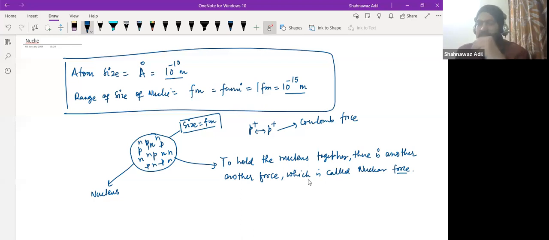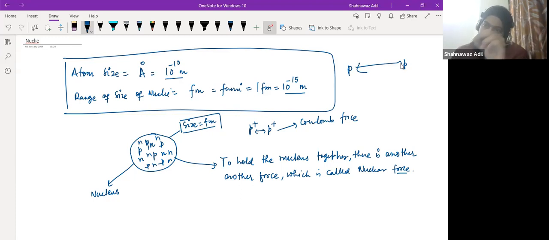Right? So nuclear force would be there, and then you can ask me why this nuclear force is not there when we have two protons at some distance, not inside the nucleus.